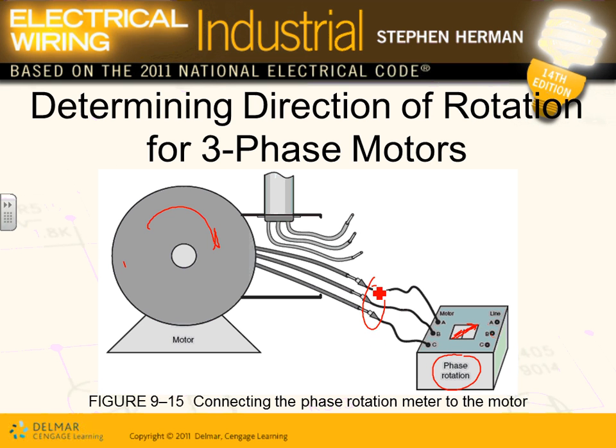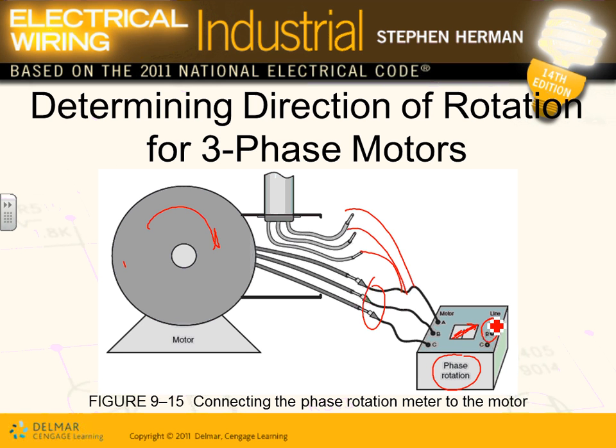Then you hook these back here to the source, and this indicator should go in the direction that you want it to go. If it doesn't, Karen, you change any two of these phases. So they use this machine, guys, to define the rotation of the machine. First, you know where the machine is going to be rotating.